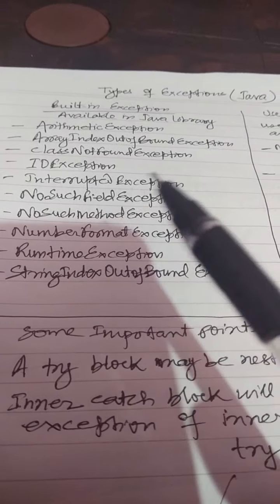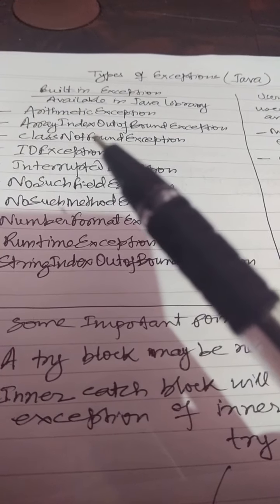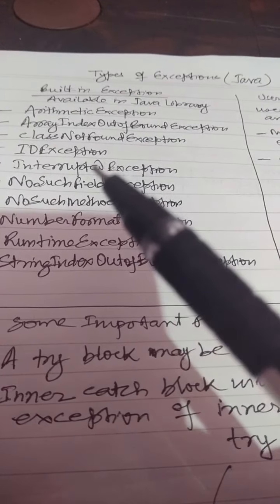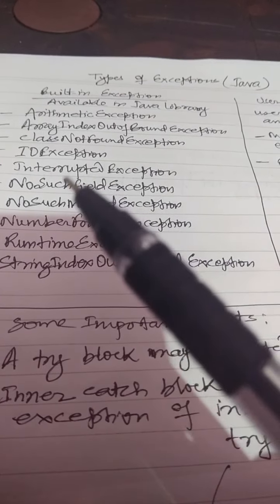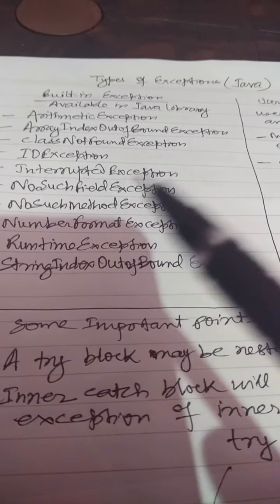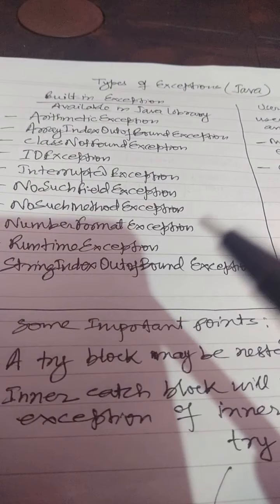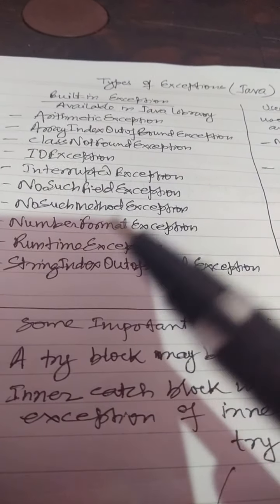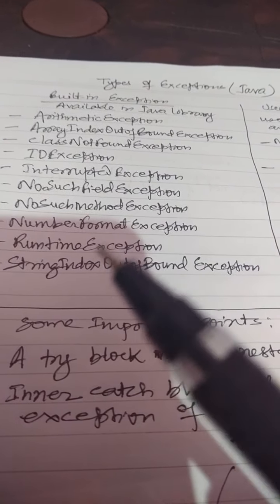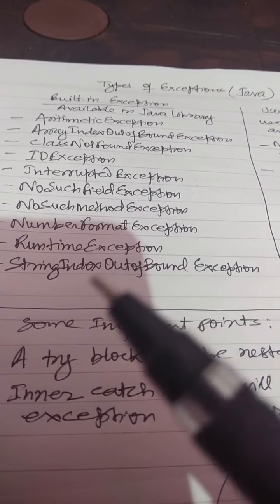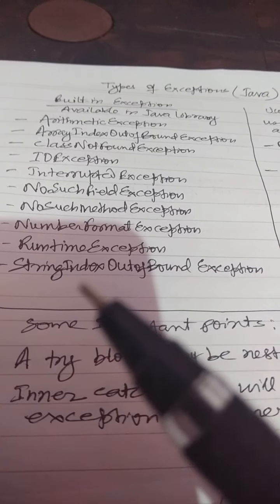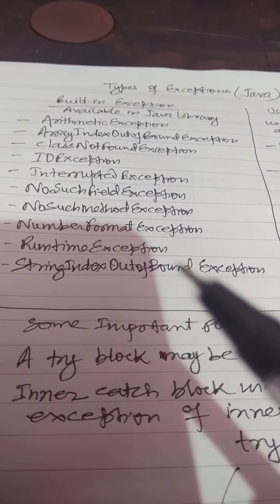So: arithmetic exception, array index out of bound exception, class not found exception, IO exception, interrupted exception, no such field exception, no such method exception, which occurs if you are calling some function that is not there, number format exception, runtime exception, and string index out of bound exception.